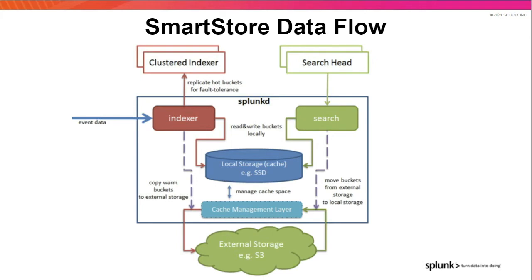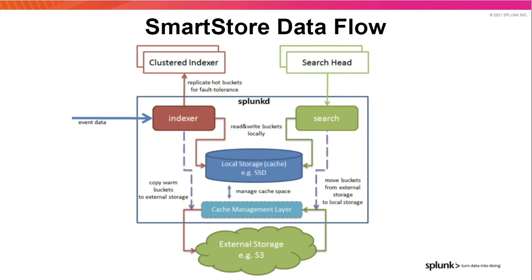When we look at the data from the cache, we look at how recently the data was ingested and accessed, and as admins, you can specify your critical indexes that you want to keep in the cache for a longer period of time, giving the admins direct control. This makes sure your active data set is always available in local cache. When you do need to run a search on long-term data, SmartStore will fetch only the necessary data sets into your cache.